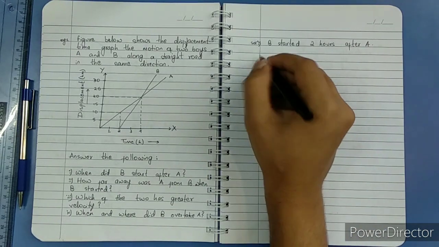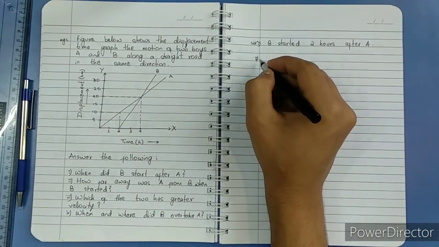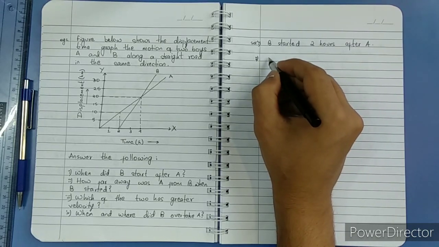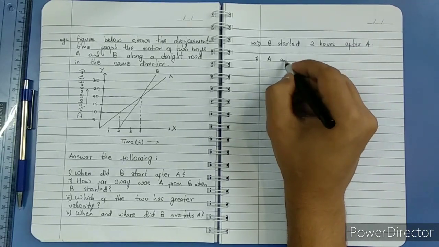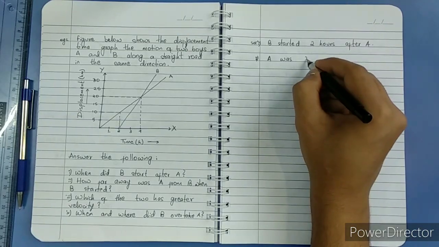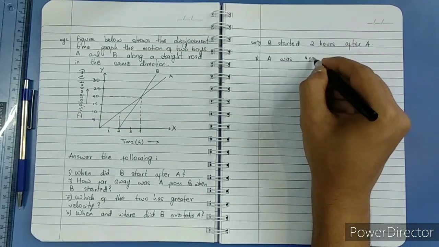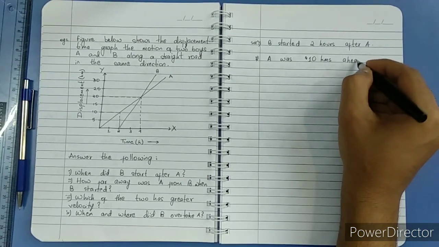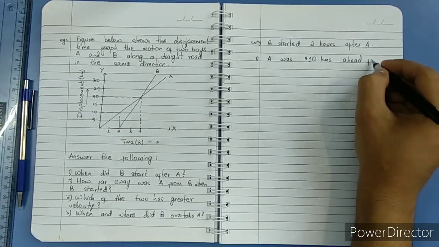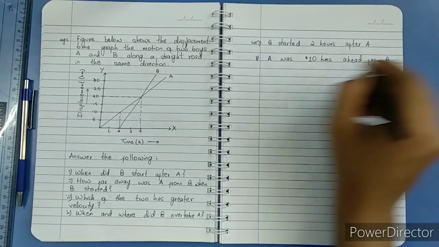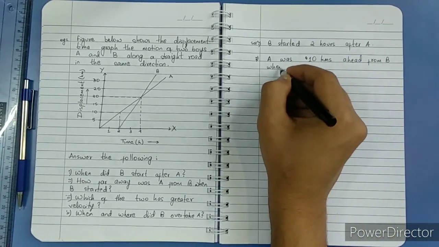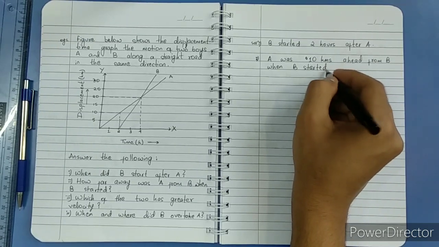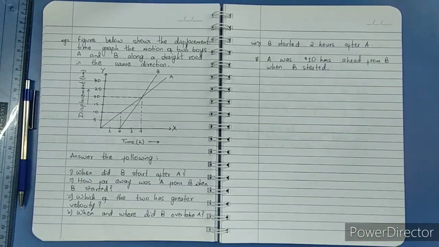Hence, for the second part, we'll write: A was 10 kilometers ahead of B when B started. All the solutions that we are getting are from the graph itself.